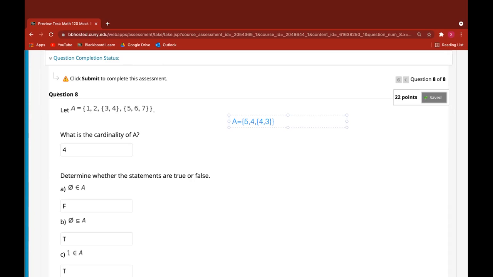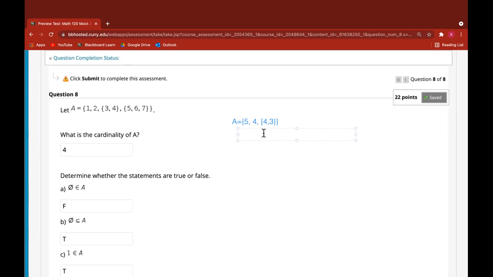So you want this to be your set? That's my set, correct. And you're asking whether {4, 3} is a subset of A, and you would write false. Yes, it will not be.